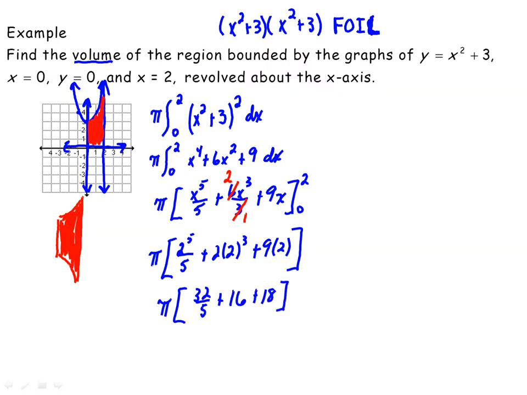Keep punching it in, and you should come up with what? Does anybody have it? 256 pi over 15 is what I came up with. Now, if you go ahead and type the pi in and you come up with a decimal, that's fine. I'm not going to mark off for that.